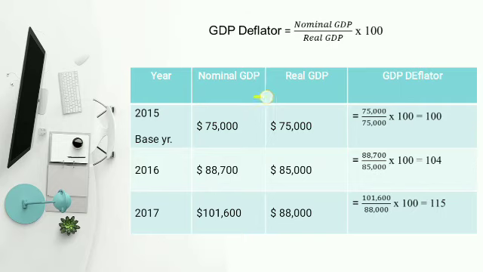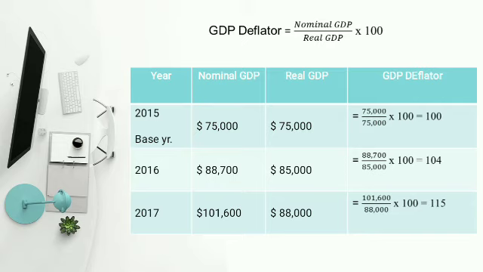For example, for the base year 2015, then 2016 and 2017, the nominal GDP in 2015 is 75,000, in 2016 it is 88,700, and in 2017 it is 101,600.